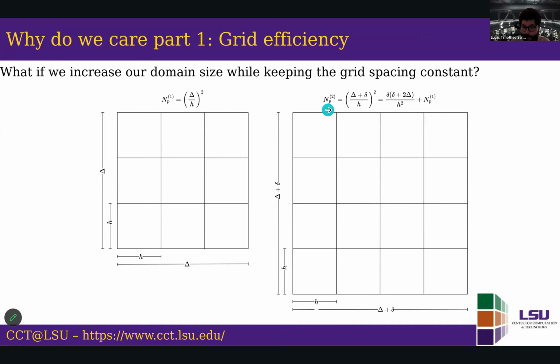And again, if you look at the math, you're going to see that you have a delta square proportionality factor here, right? So it scales with the square of the amount of extra spacing you want to add in your Cartesian grid. So this is not very efficient, right? If you do that in 3D, of course, then this is going to be a cubical scaling, and then things are just going to be even worse.